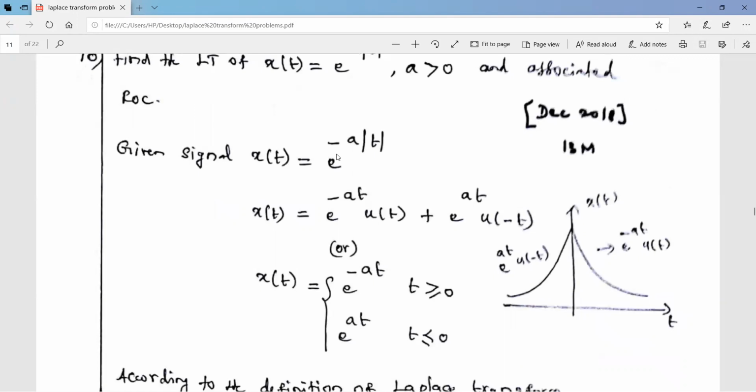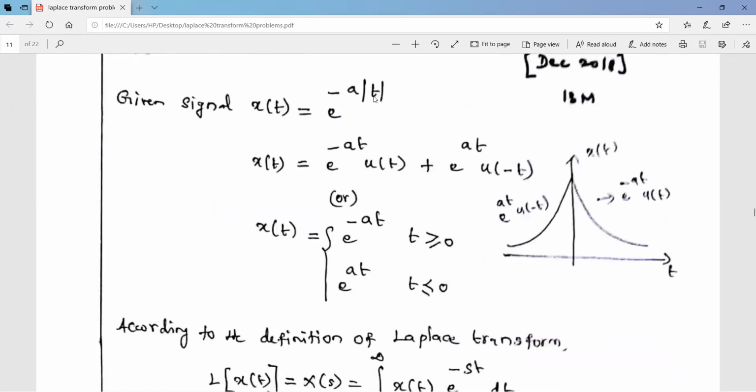To expand e power minus a modulus t: if t has a positive value, the signal works as one signal, and if the value of t is negative, it works as a different signal.